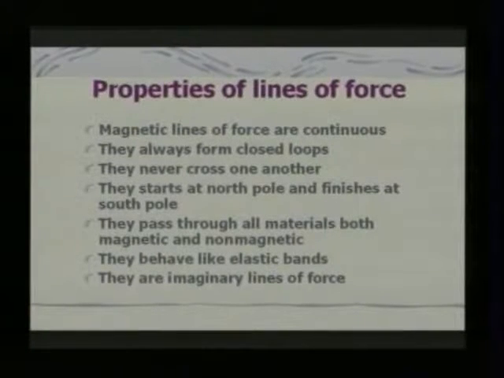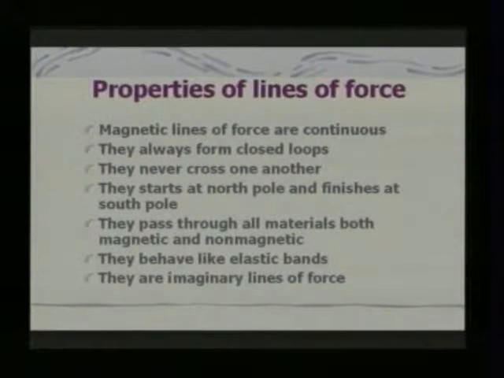Now we will see the properties of lines of force. Magnetic lines of force are continuous. They always form closed loops. That means they originate at one place and close at the same place. They never cross one another. They start at the north pole and finish at the south pole.